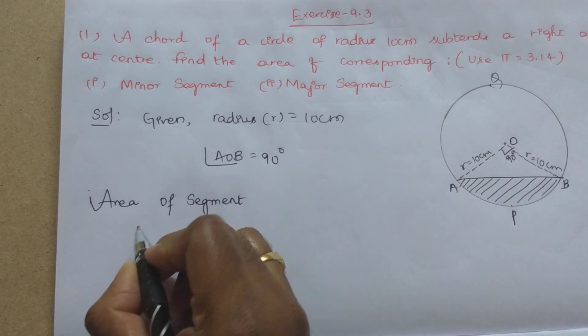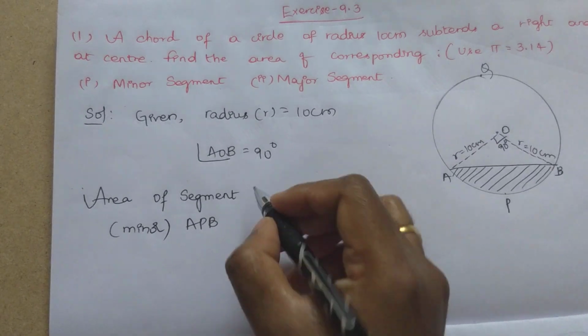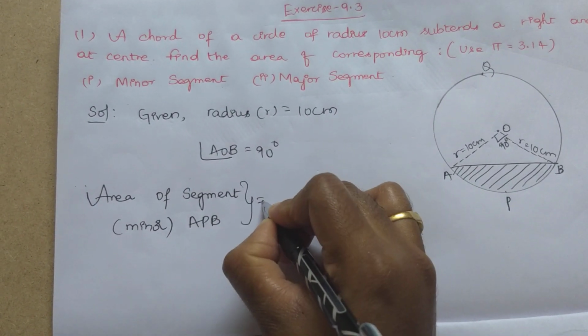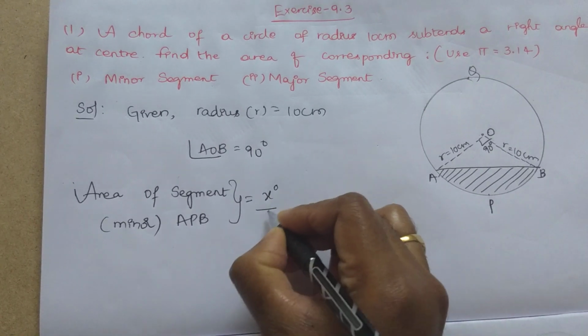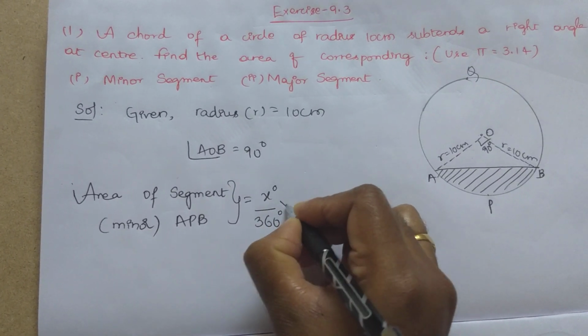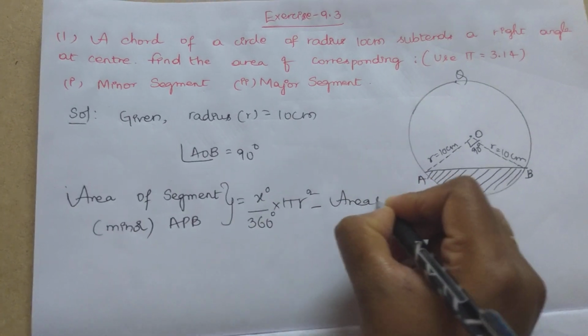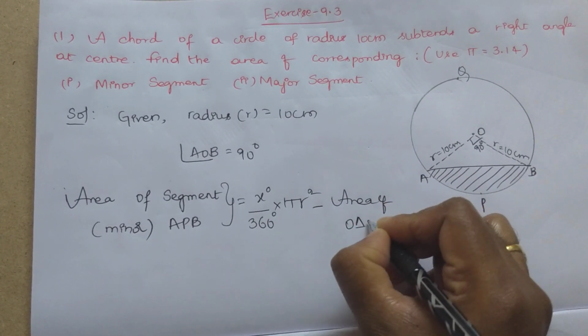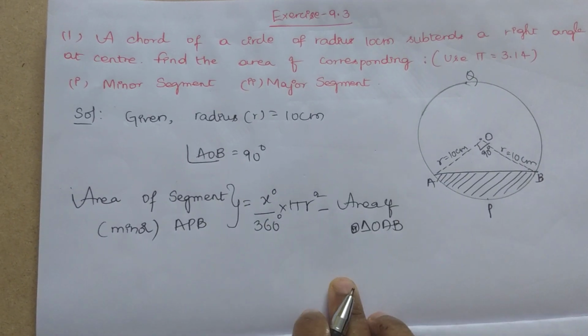Area of the minor segment equals area of sector, which is x by 360 degrees into pi r square, minus area of triangle OAB. This is the formula, correct?